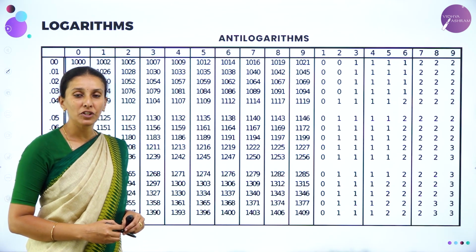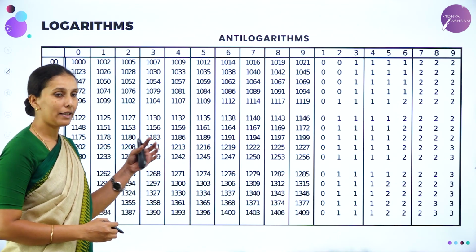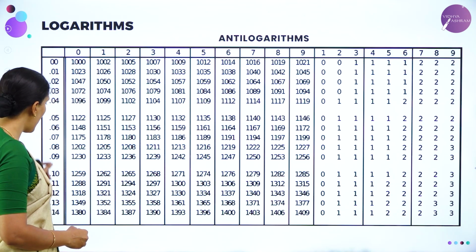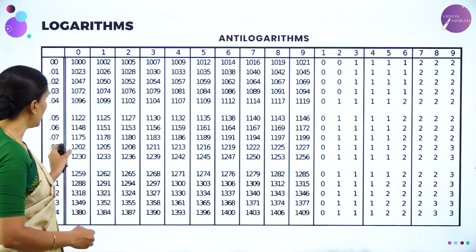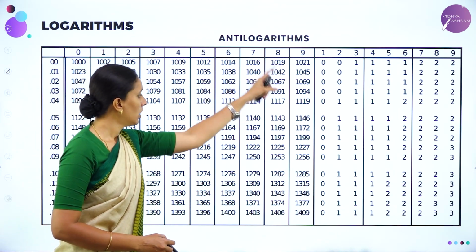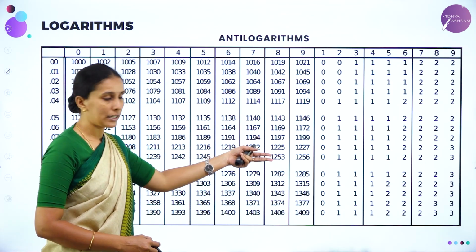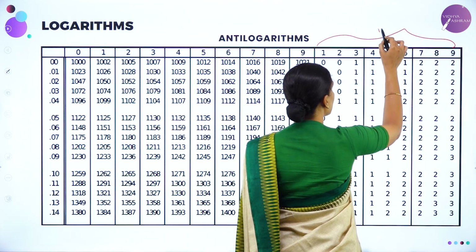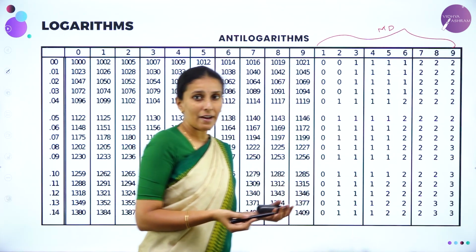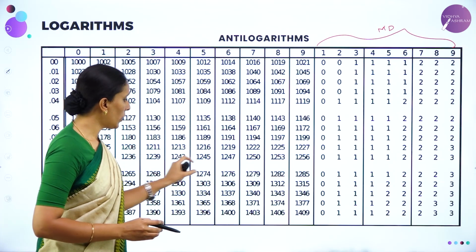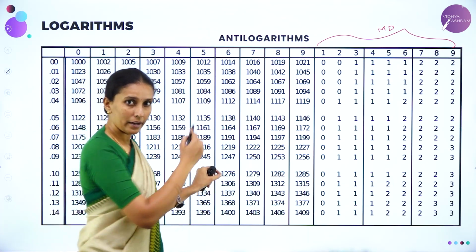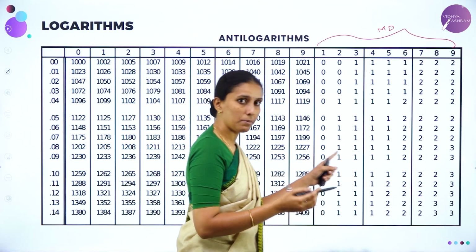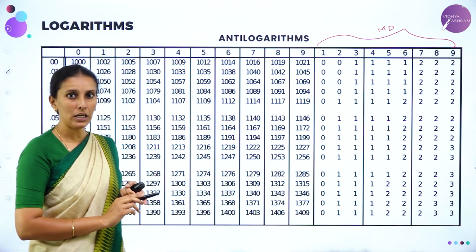This is the table which contains the anti-log of the given values. You can clearly see these are the mantissa part, which starts from the first 2 digits here. Then we need to move along a column headed by a certain number, then move towards the mean differences. As we have done in the log, we will note a number in the column, and again in the mean difference column we will note the number, add them and write the number.